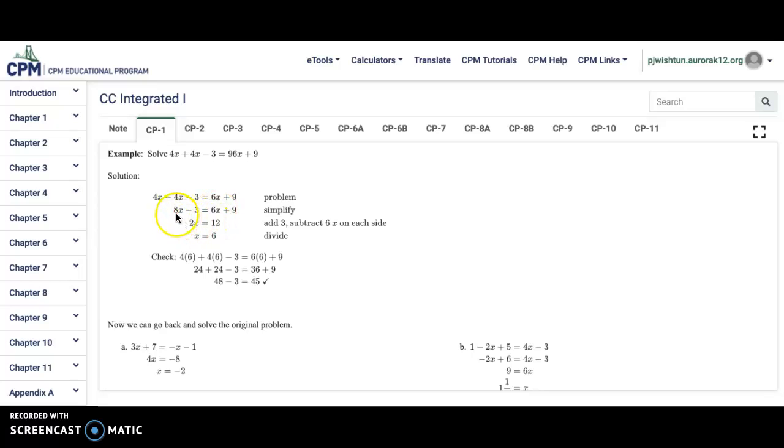So we're moving that 6x over here by subtracting it from the 8 to get 2. This is already being subtracted, so that means we're going to add it to the other side to get 12, and then our last step is to divide. So this shows you a step-by-step process so that you can help yourself get through it.